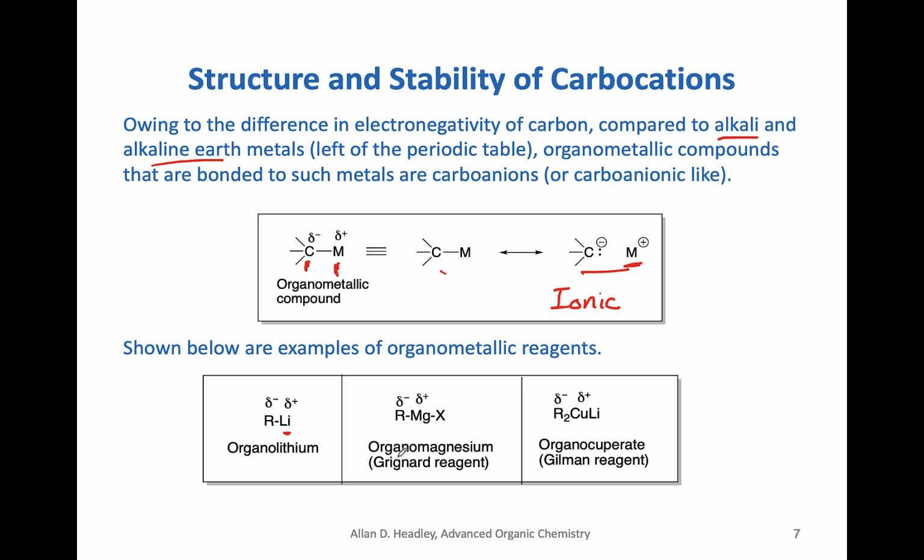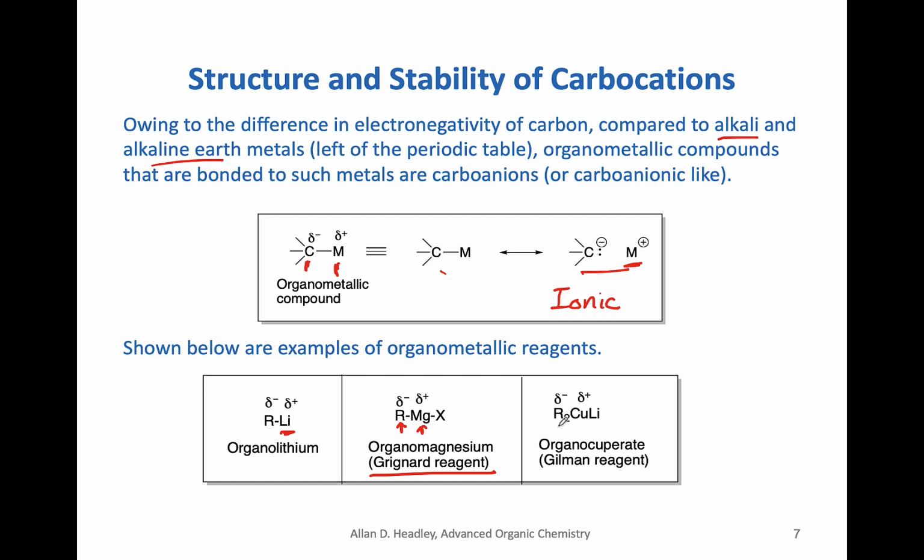Organolithium. Here's the organomagnesium. Magnesium is one over in the row from lithium and one down, so it's not as electropositive as lithium. So you would expect this bond to be not as ionic as over here, but still carbon is more electronegative than magnesium. You will recall this is the Grignard reagent. Here's another one, organocuprate, known as the Gilman reagent.